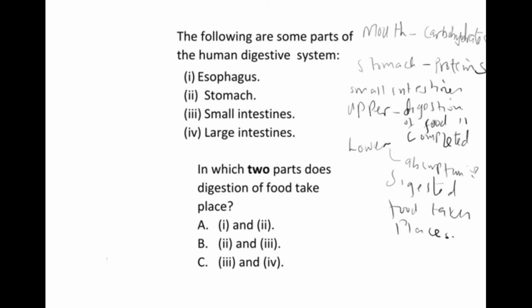Why? Because there are villi, which are finger-like structures that increase the surface area for absorption of that digested food.